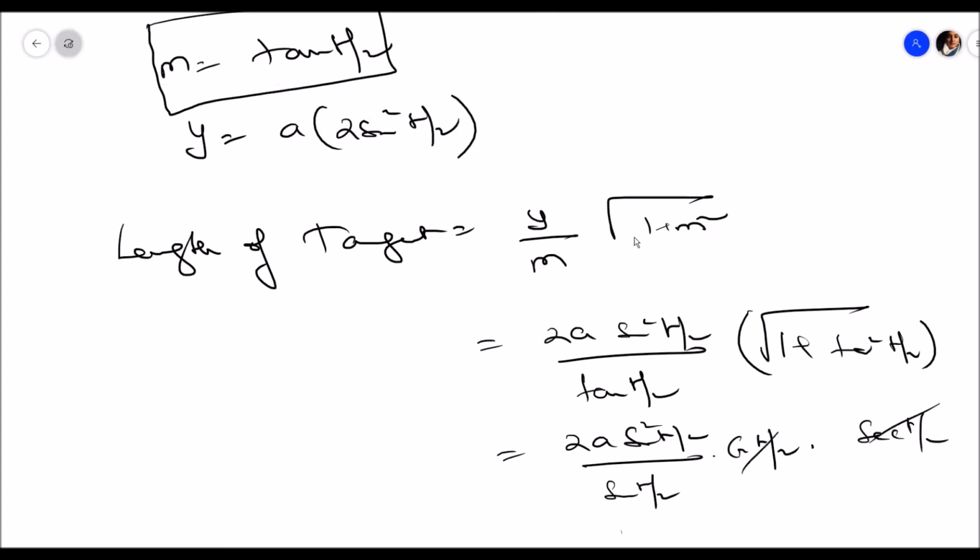So cos t by 2 into secant t by 2 is 1. Gets cancelled. That's 2a sine t by 2, the length of the tangent.